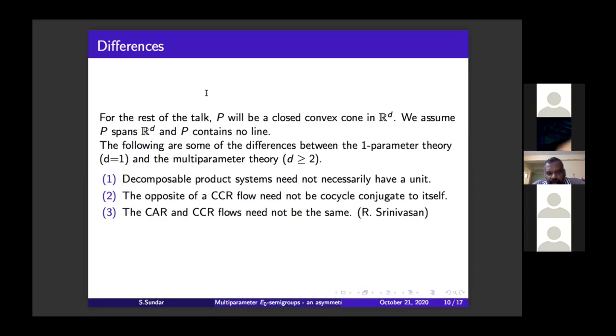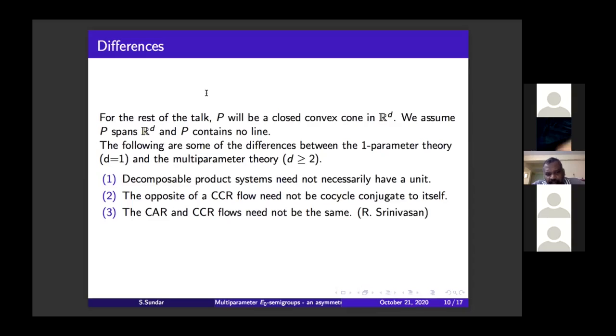Statement 1: decomposable product systems need not have a unit. I will not be able to explain that. Statement 2, I will explain: the opposite of a CCR flow need not be cocycle conjugate to itself. In the one-parameter case, the opposite of a CCR flow is cocycle conjugate to itself.